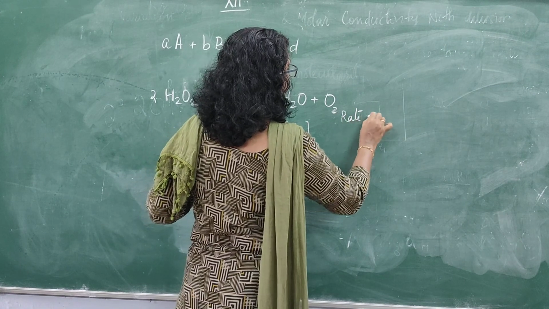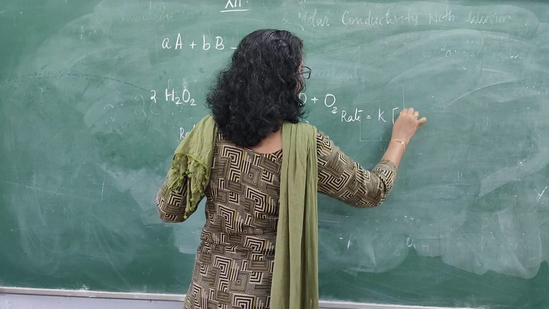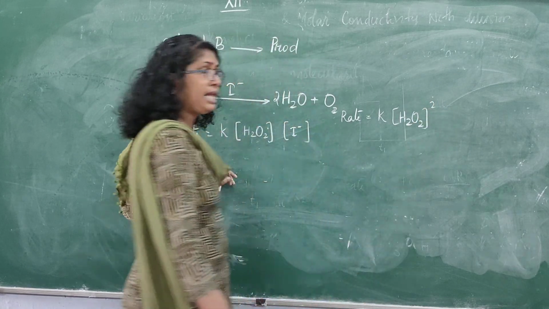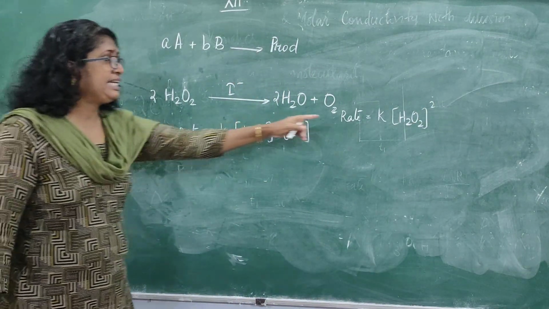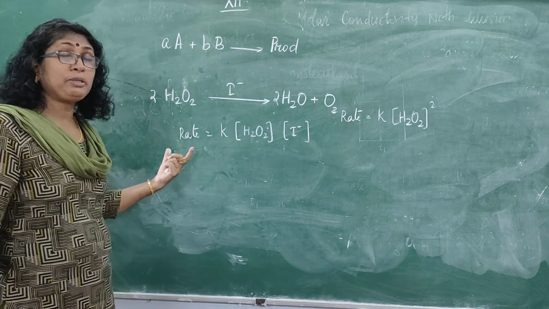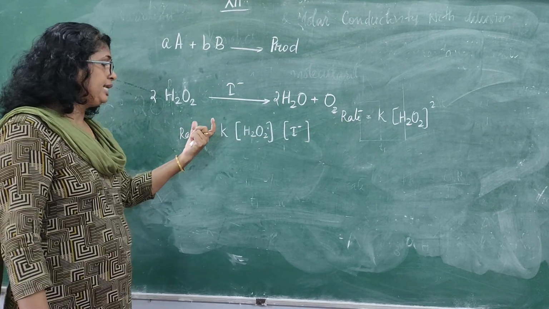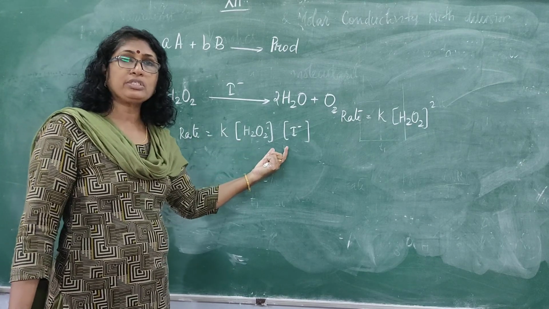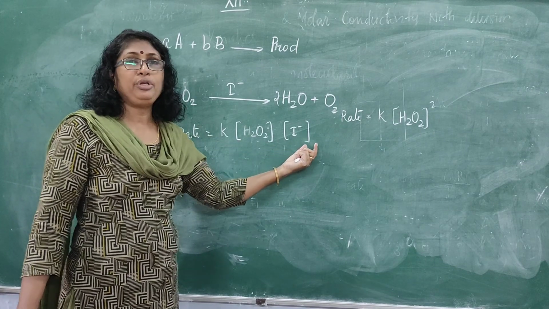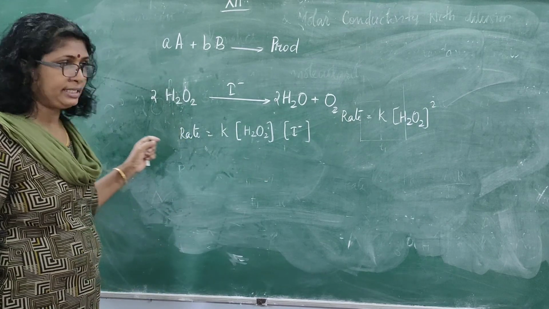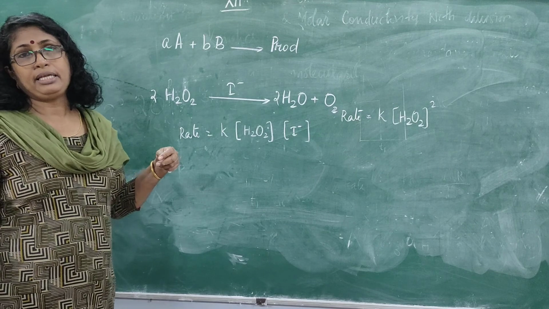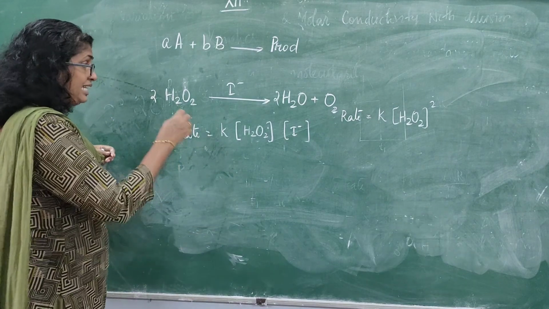Rate is equal to the rate constant K into the molar concentration of H2O2 squared. We must get this one. But actually, experimental determination shows that rate is equal to K into the molar concentration of H2O2 into the molar concentration of I minus. Only one molecule of H2O2 remains in the rate equation.